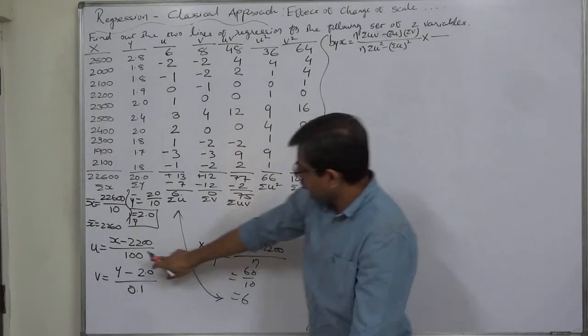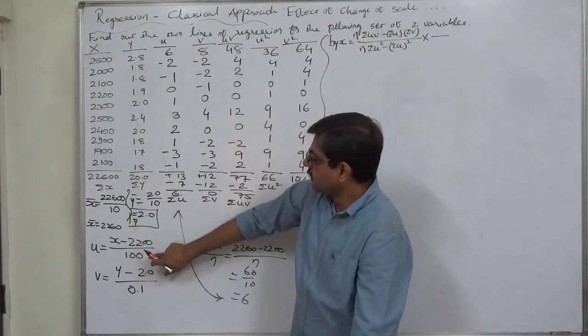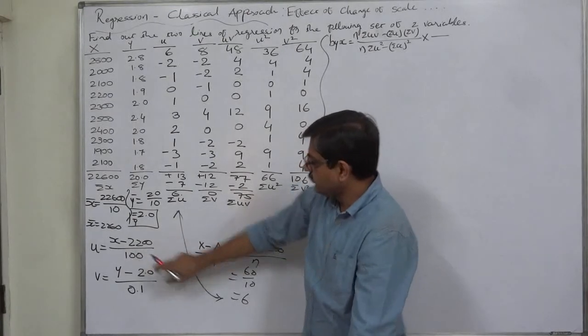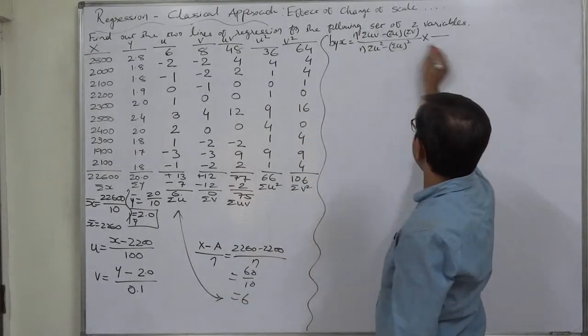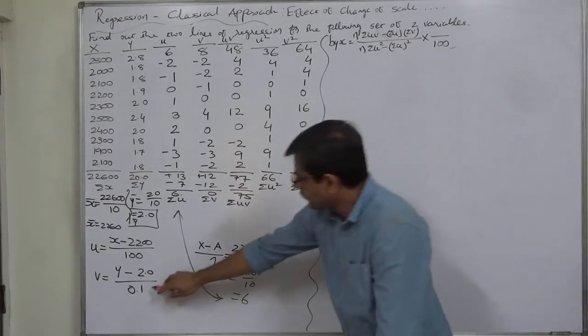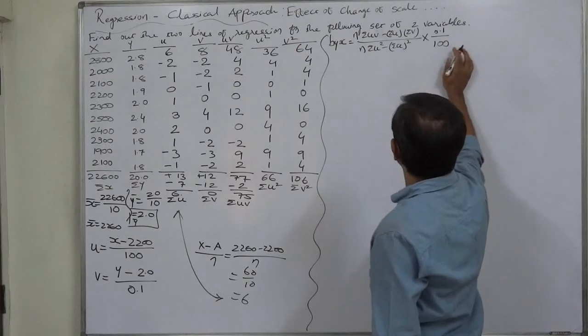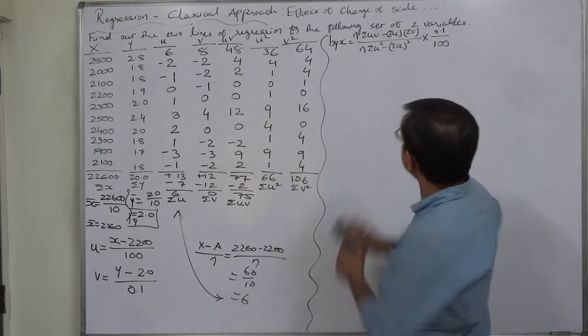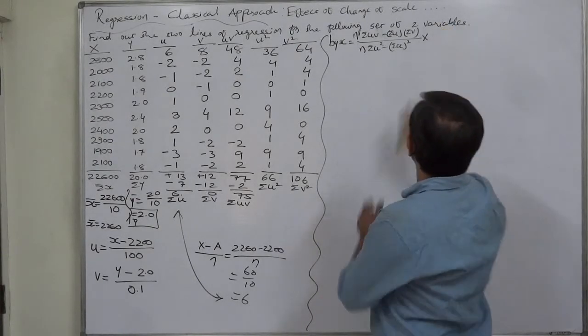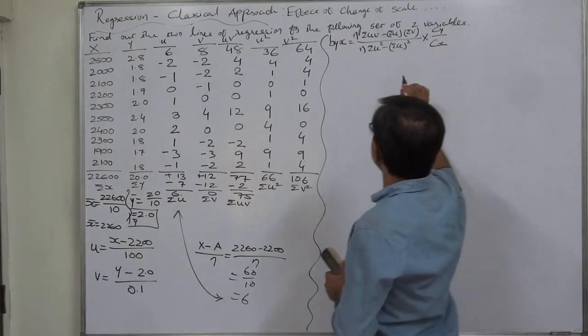Now the reverse effect of this change of scale. We had divided all values of x by 100, so we have to multiply them by 100 in this case, and the other will be the numerator. We have to write both of these. Cx will be the denominator, so Cy will be the numerator.